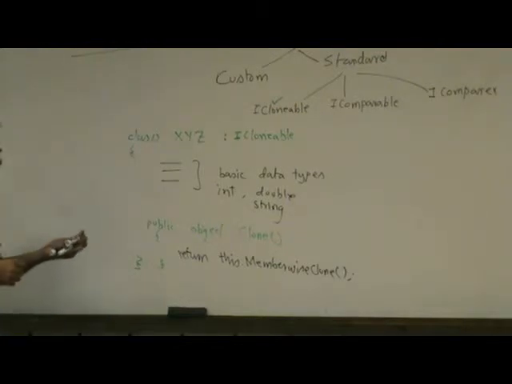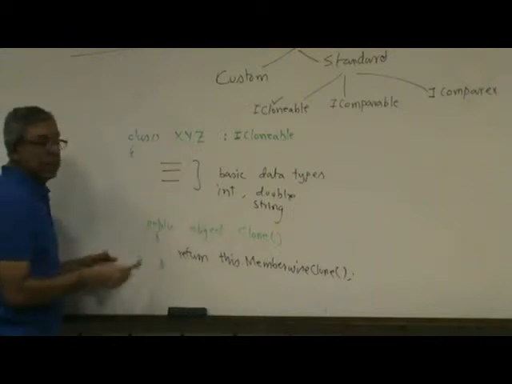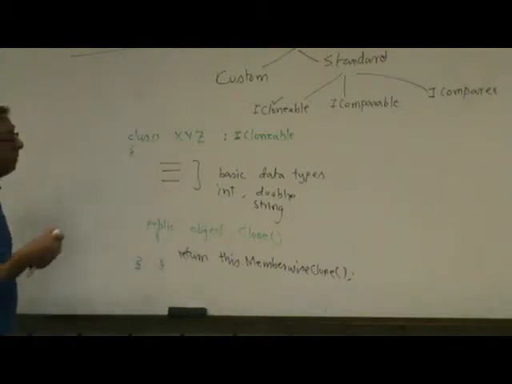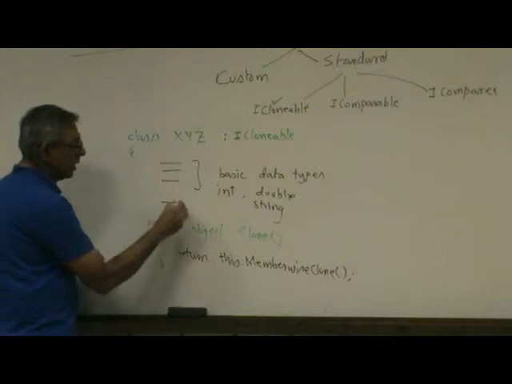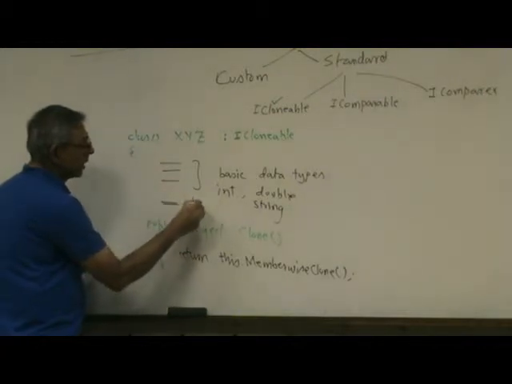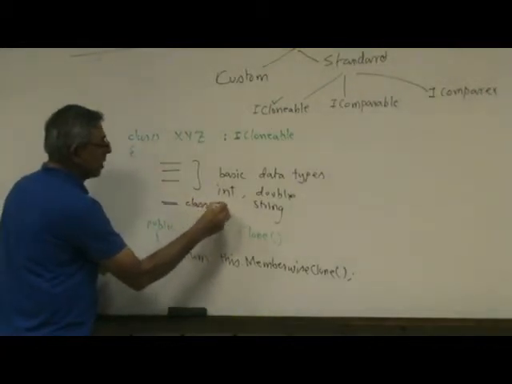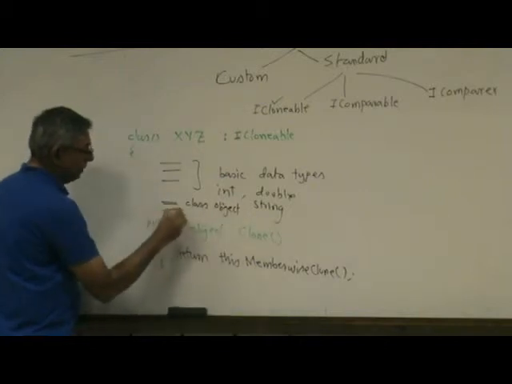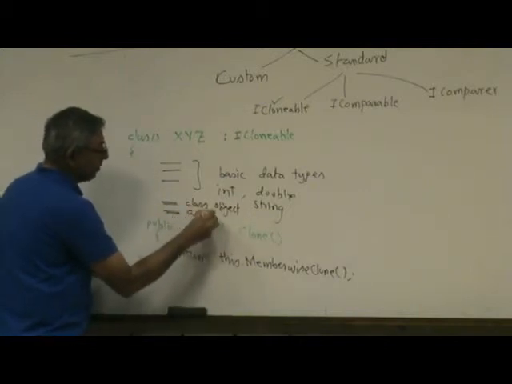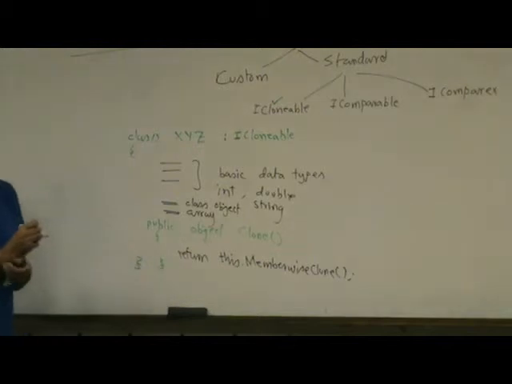So now if we have, instead of basic data types, some, let's say, class object, or we have, let's say, an array as part of the fields of our class, right? Then MemberwiseClone will not work.